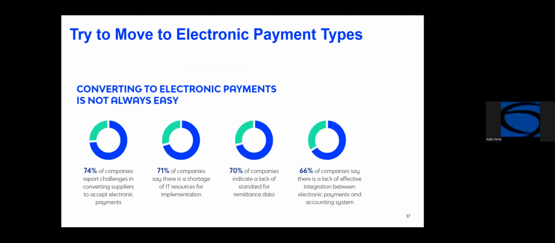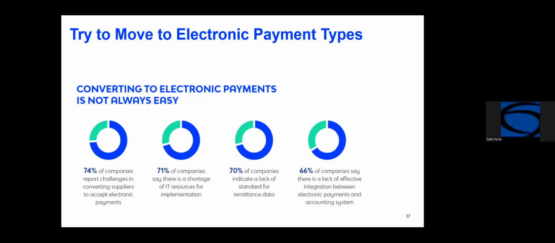Here you can see, even just by the numbers, that 74% of companies report challenges in converting suppliers to electronic payments. And then, like I said, 71% of companies say there's a shortage of IT resources to implement those changes. 70% of companies indicate a lack of standard for remittance information.